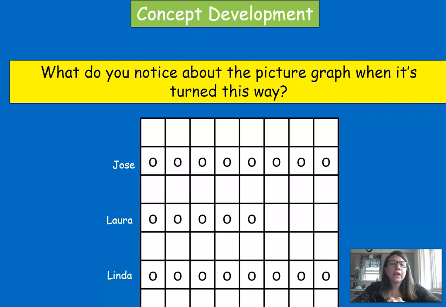Now, what do you notice about what this kind of looks like compared to another thing we've been using in our math lessons? I'll draw you a little picture to see if it rings a bell. Go ahead and discuss with someone at home. What does this kind of look like? What we've been using in a lot of our math lessons.